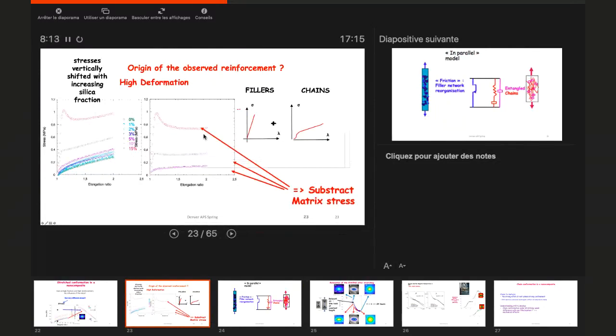The rest of the subtraction doesn't vary with the elongation. It stays constant at big enough elongation.